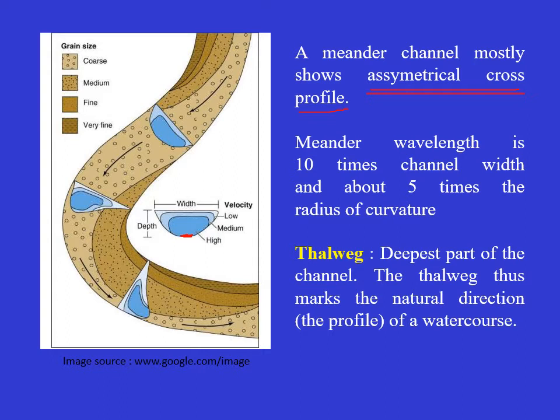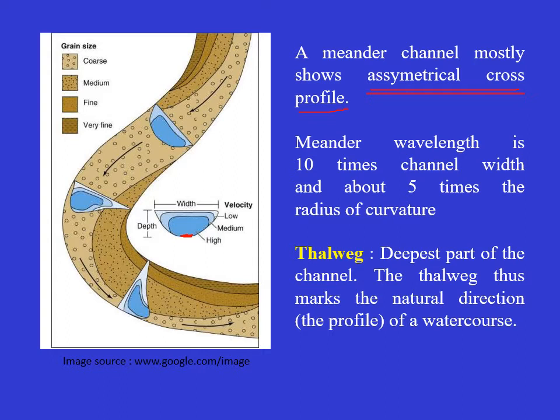Similarly, in the next loop of the meandering river, the depth becomes opposite. That means in this portion, where the sense of curvature is anti-clockwise, from left to right, the maximum depth occurs on the left hand side of the channel.